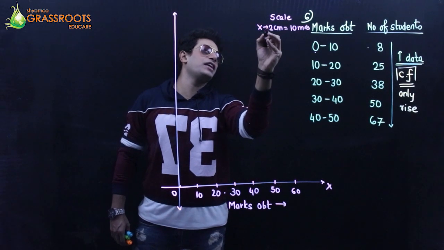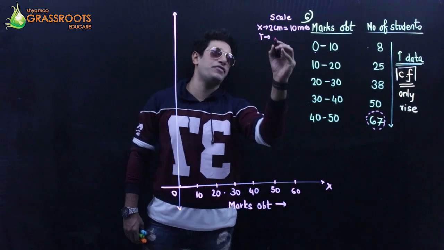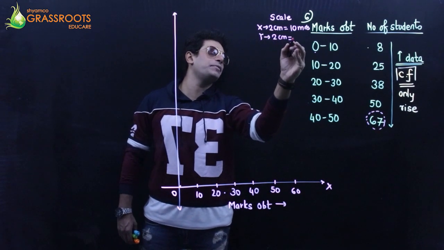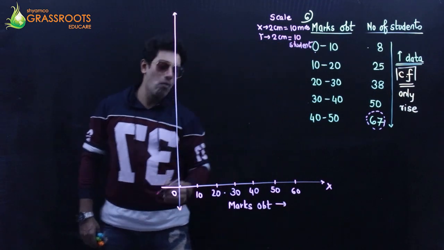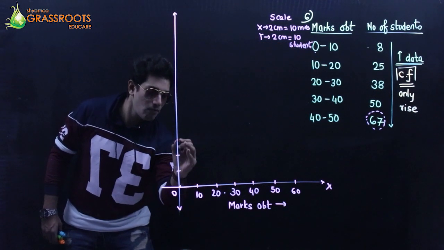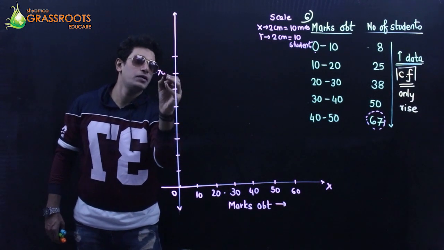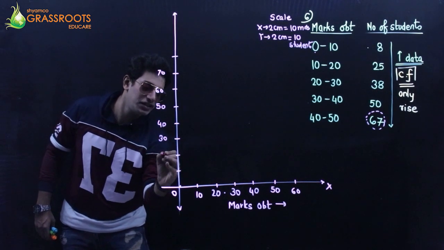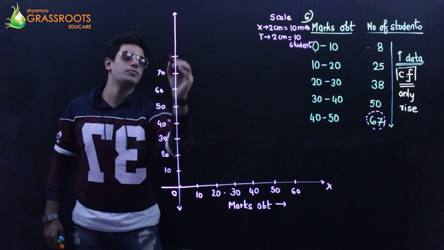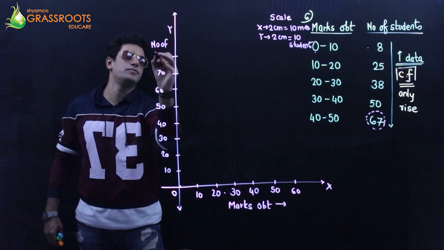This is going to be on the x-axis. On the y-axis, the maximum is going up till 67. You can take again 2 centimeter is equal to 10 students, that is 10 units: 70, 60, 50, 40, 30, 20, 10, 0. This is the y-axis and this is the number of students.